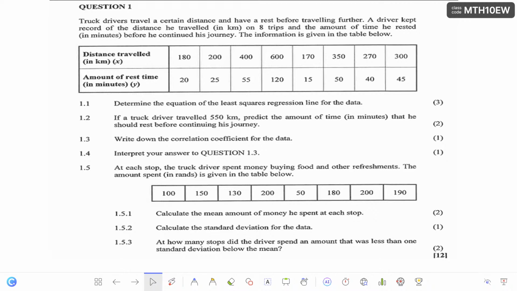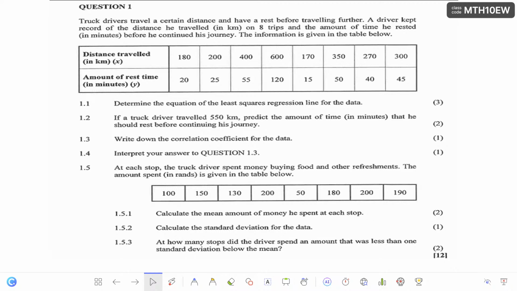In order to determine our regression line, we need to use our calculator and insert the data. So we're going to press shift, stat, then number 2. Let's punch in our x values: 180, 200, 400, 600, 170, 350, 270, 300.